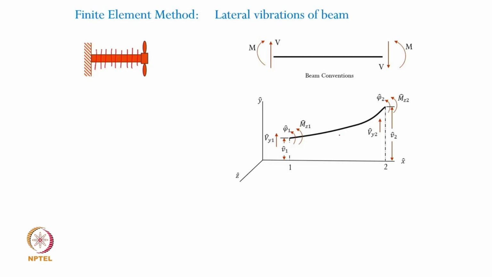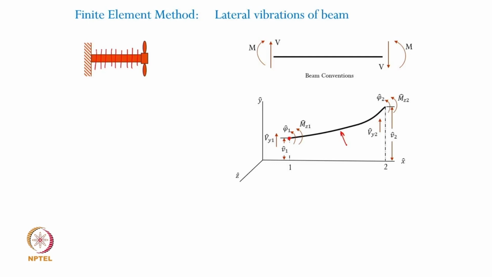Now that beam is shown here, as you can notice. However, in this case it is not only the nodal displacements, but we are also going to look at the slopes at each of these node locations. So the nodal displacements will be in the form of the lateral motion v and the slope phi.